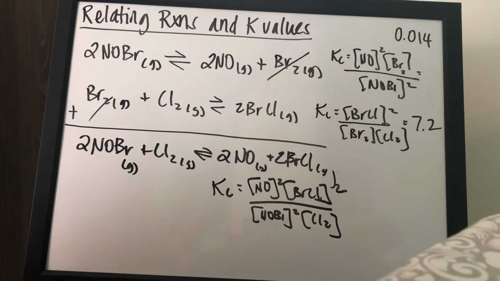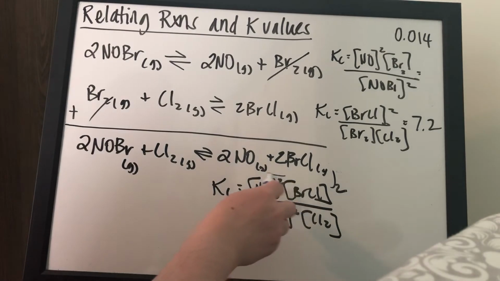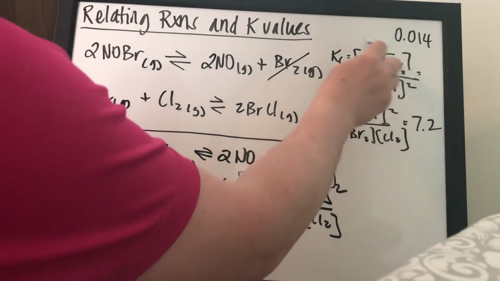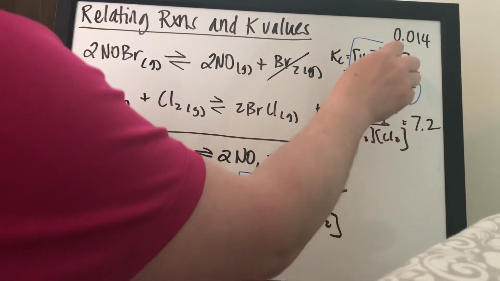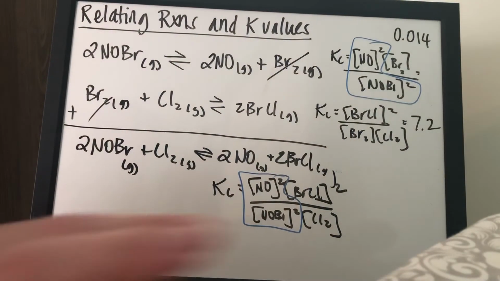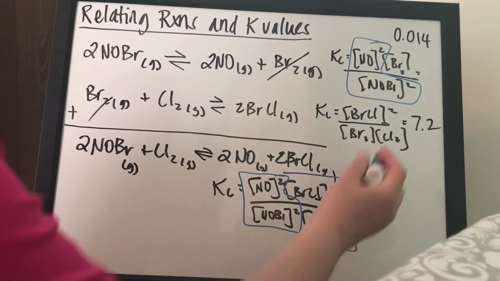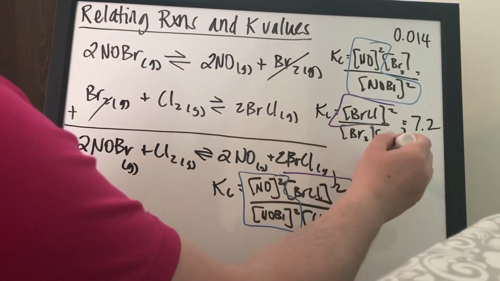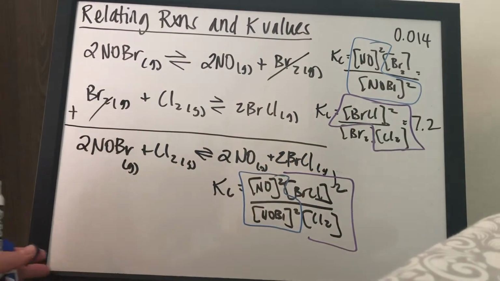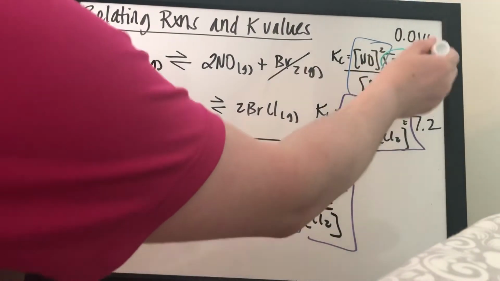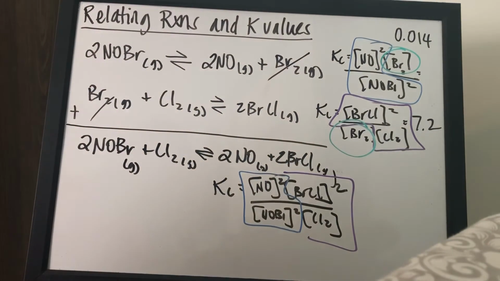If I notice that this part is coming from this, and this part is coming from this, you might be questioning, well, what happened to the Br2? They canceled out, right? They're actually there and they canceled out.